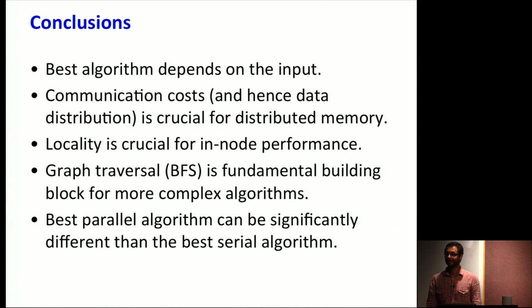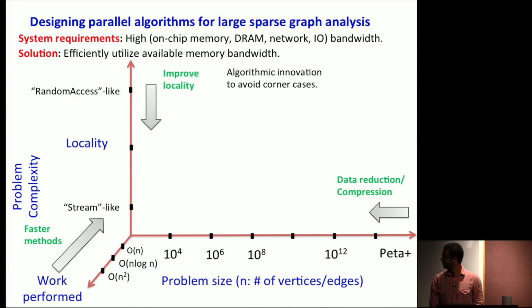Any questions for the speaker? Can you go back to the previous slide? So you're saying streaming is the best locality? Well, streaming meaning all the data just flows in, you see everything. Well, it is the best spatial locality.